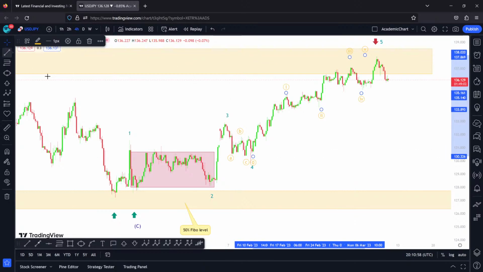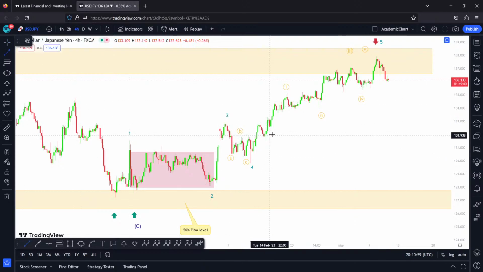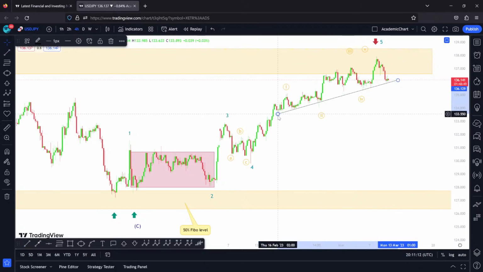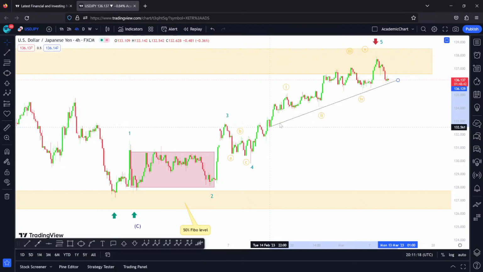I will come back to that, but let's utilize another simpler tool, a trend line. I would like to draw a trend line, and as you can see, it is just a trend line for this fifth wave, or maybe, yeah, because it is the start.